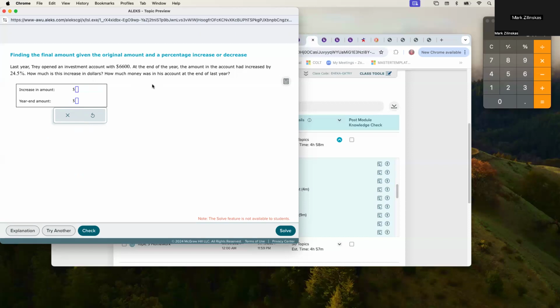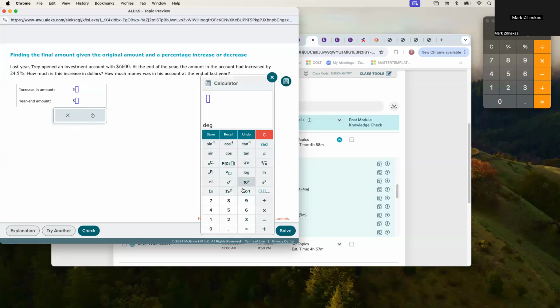Now, there's a couple approaches that we can take here, right? We start with $6,600, and of that it's going to be increased. So what we want to do is find out what's 24.5% of this, because that's how much it's gone up.